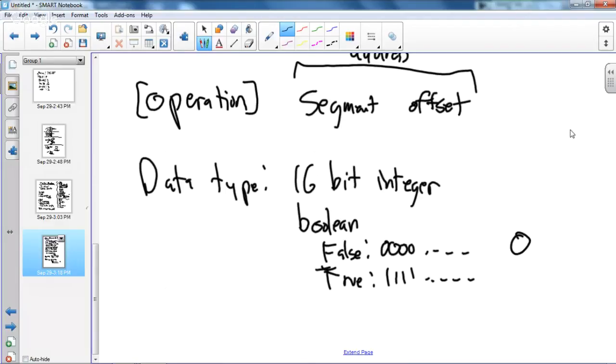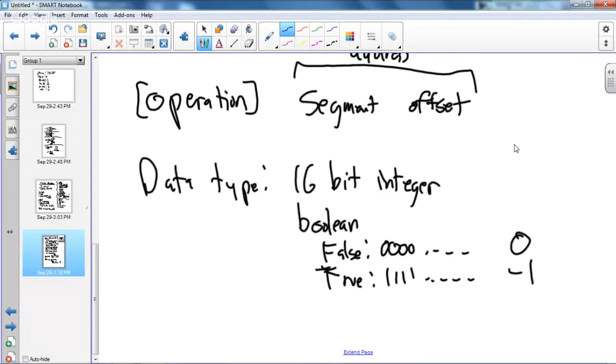False is 0 and true is -1. Why is true -1? Because if it's -1, every bit is a 1. That means if you not the location, and it's all 1s, you get all 0s. False. If you not, you're all 0s, you get all 1s. True. So this is admittedly mildly awkward, the -1 business, but it works pretty cleanly in practice.